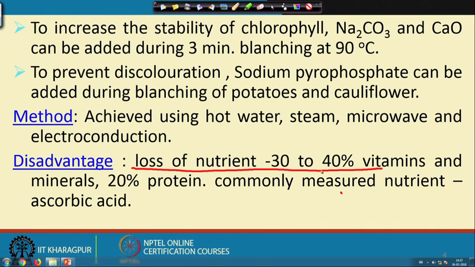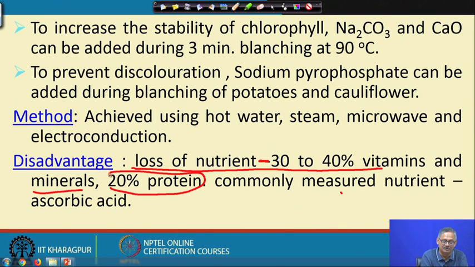A good source of protein will have at the most around 15-20% protein. So, out of that 20%, if 1/5 is lost, that is definitely a good loss, right. So, these are some of the disadvantages associated with blanching.